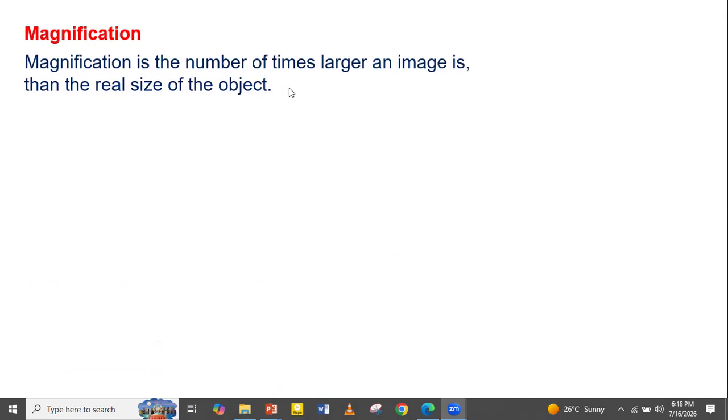Let me give you an example. You can look at yourself in a mirror. I'm sure almost everyone has looked at themselves in a magnifying mirror. Assuming you look at yourself in a magnifying mirror, if this is the size of your head, your actual size, the magnifying mirror will make it much bigger. So your head is the real size of the object, or your head is the object.